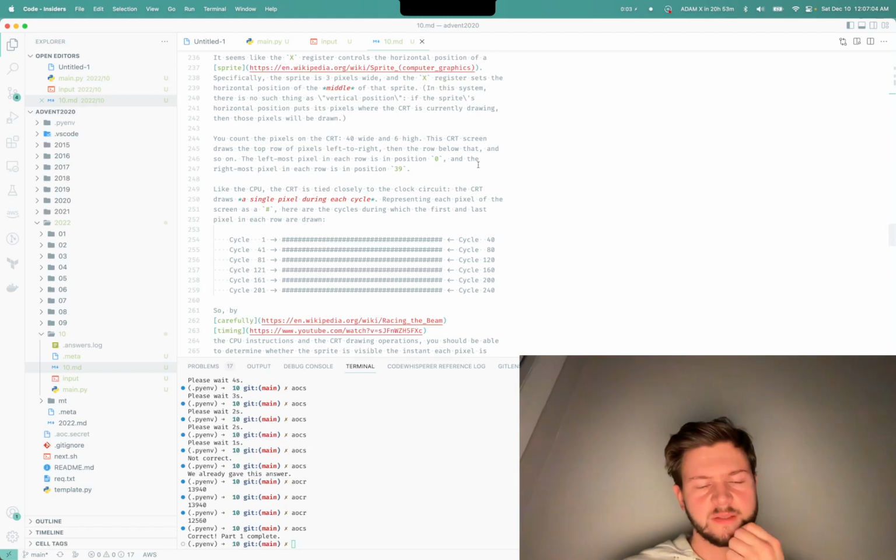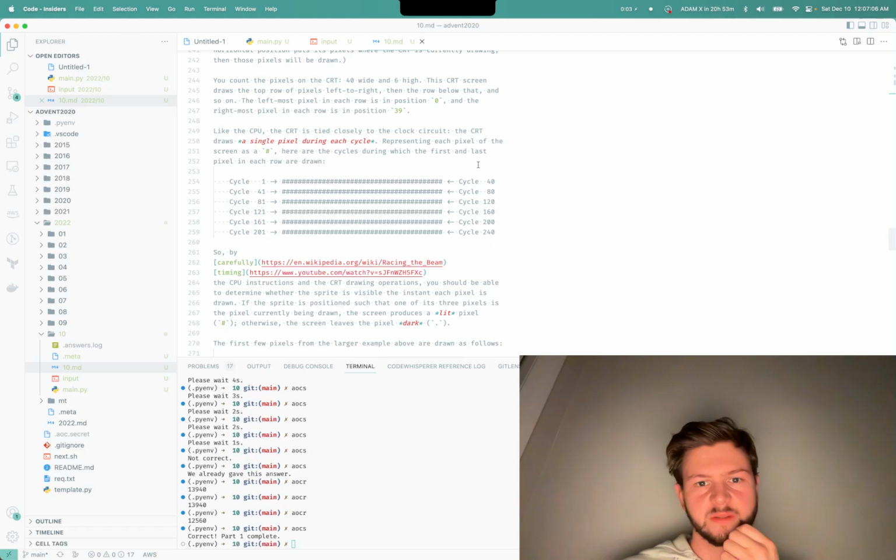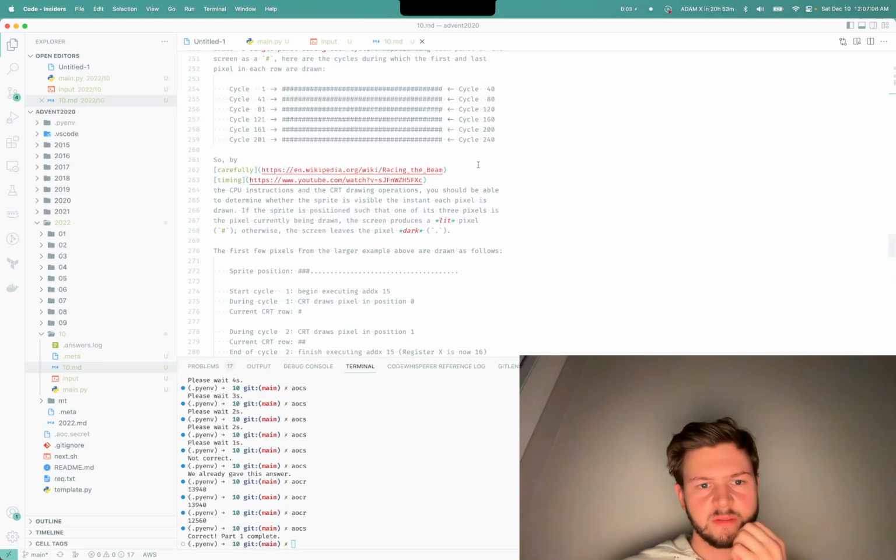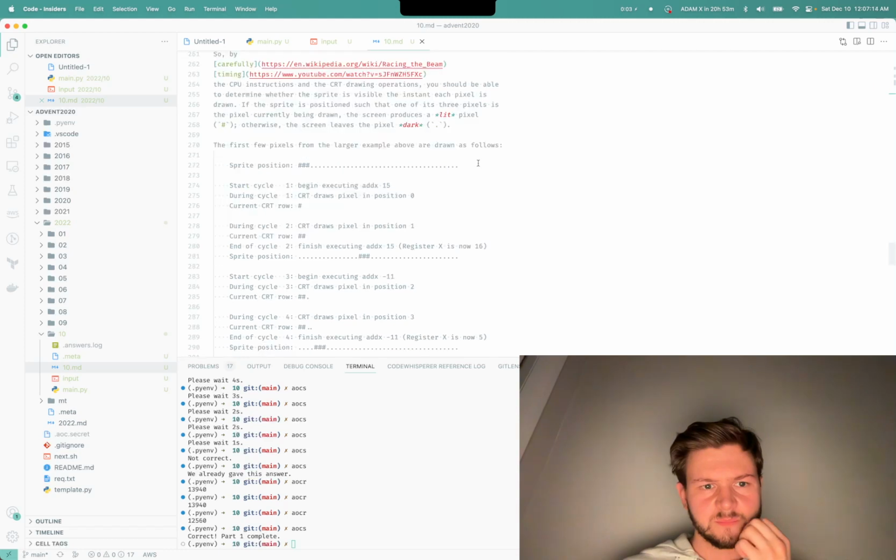Like the CPU, the CRT is tied closely to the clock. You should be able to determine what's visible. The first few pixels are drawn as follows. Begin executing, add X. During cycle 1, CRT draws pixel in position 0.